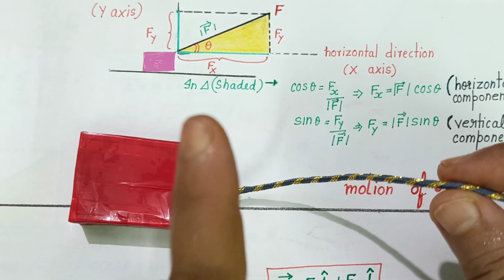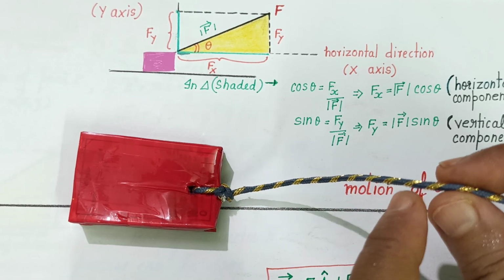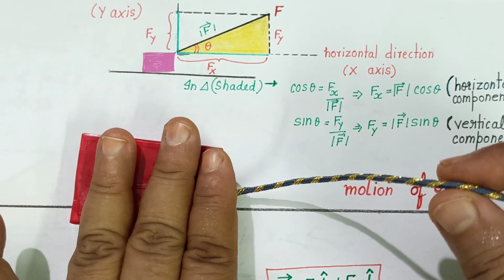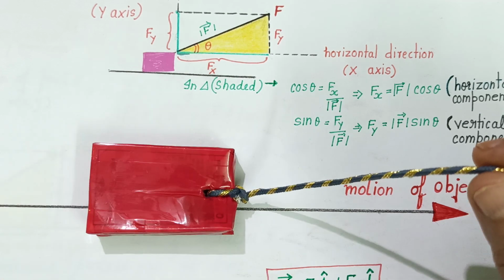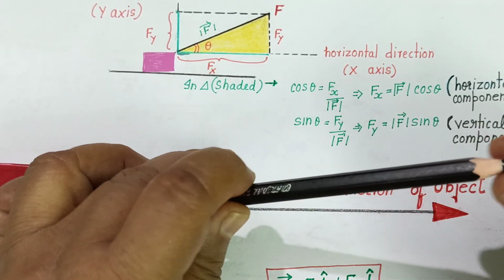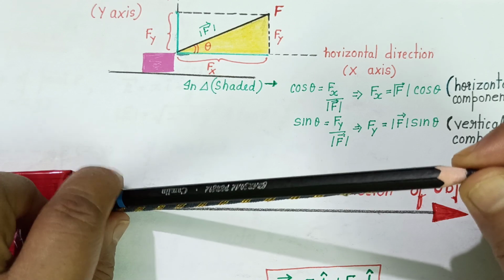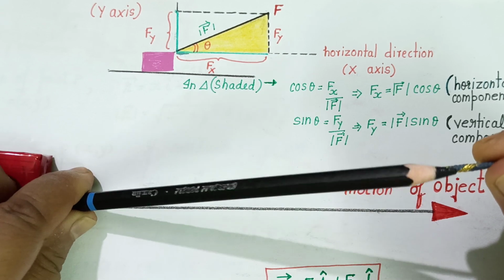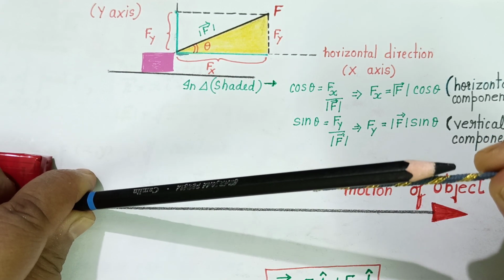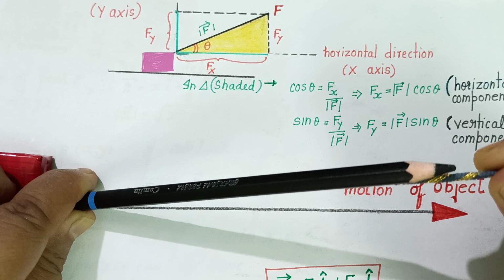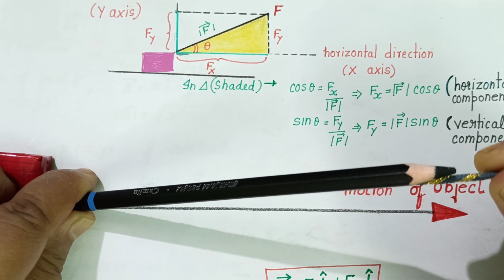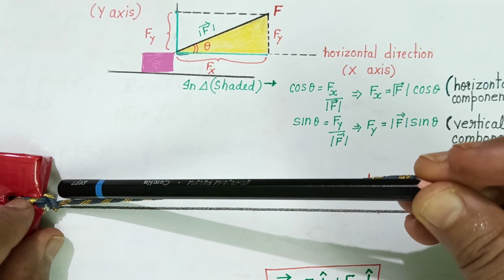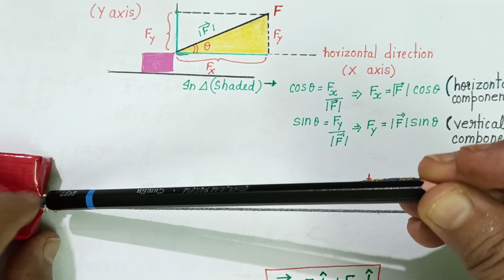The effect of this force in vertical direction is called the vertical component of the force applied along the thread. This is actually the direction in which the force is applied. This black pencil is the force vector, the tip of the pencil is the direction of the force vector, and the tail of the pencil is the point where this force is applied on the object.